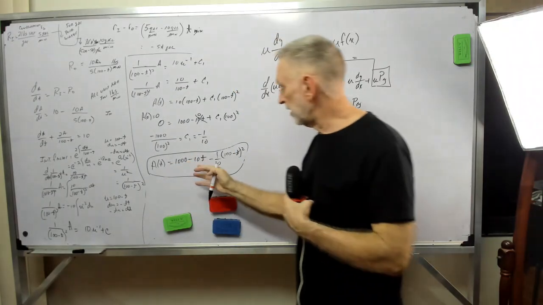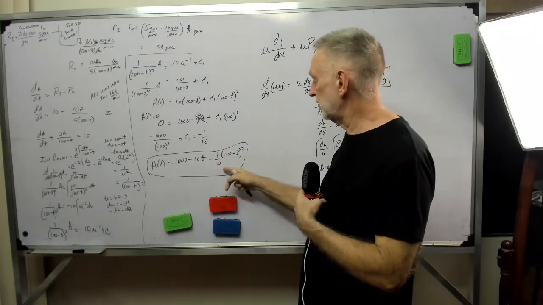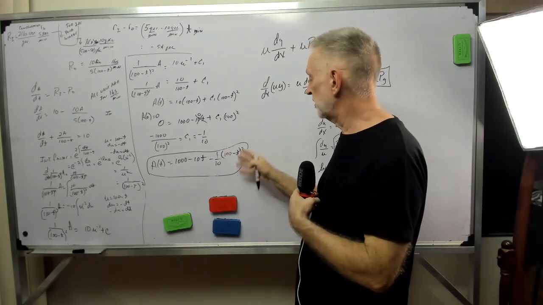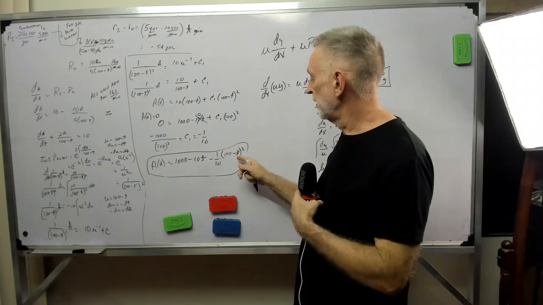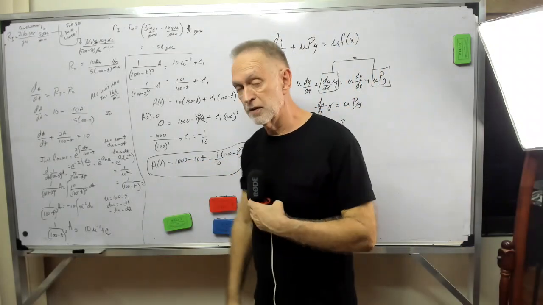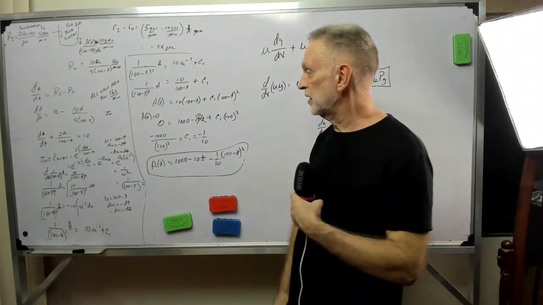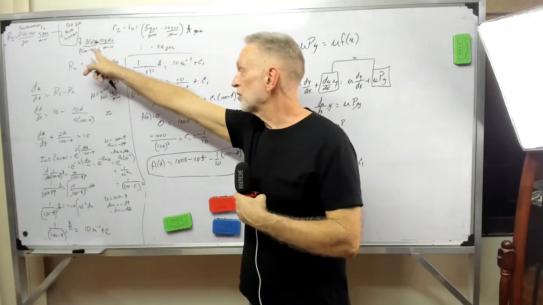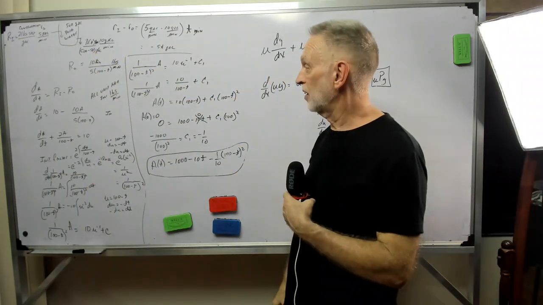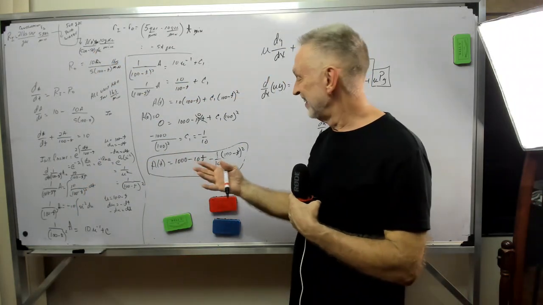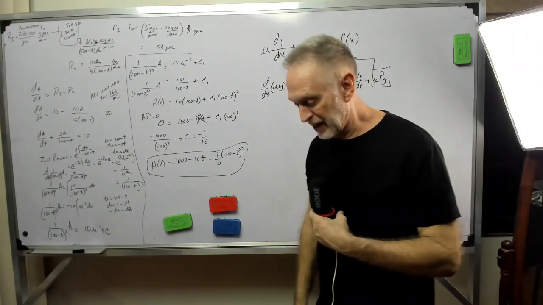Okay, so 1,000 minus 10t minus 1/10 times (100 minus t) squared is the function for the amount of salt at time t. And again, once we get up to 100 minutes, that's all we got. It's empty.